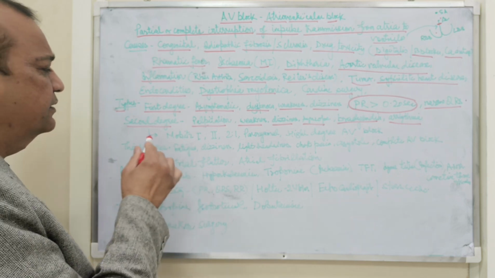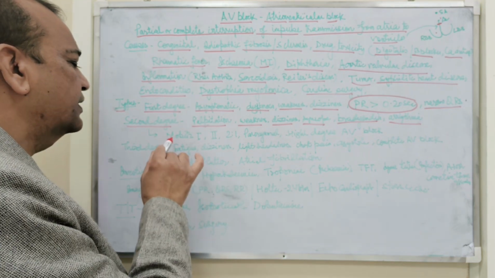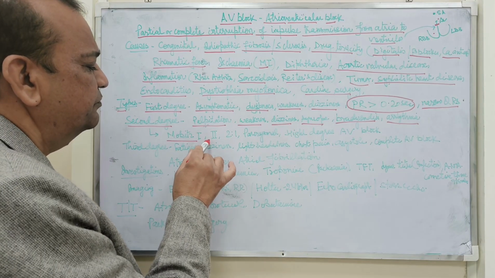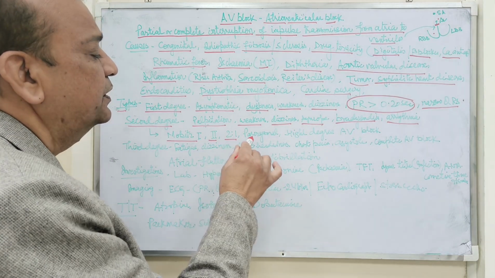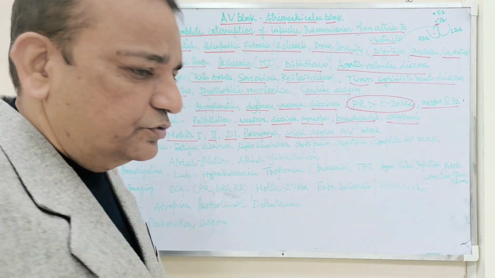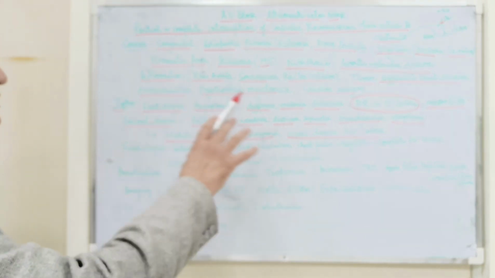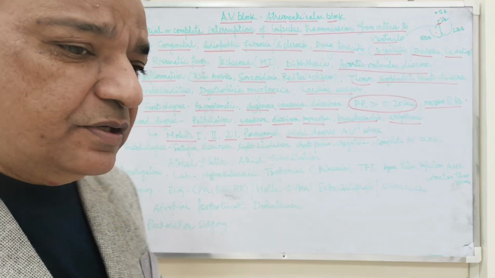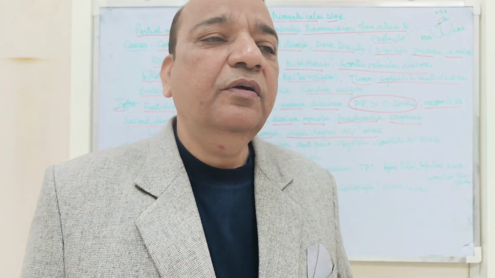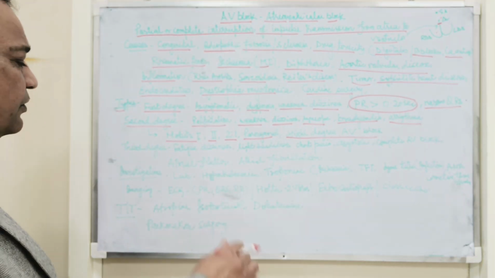The second degree AV block is further divided into subcategories like Mobitz 1, Mobitz 2, 2 to 1, paroxysmal, and higher degree AV block. I am not going to discuss the individual varieties here, but you should know these are the types, and based upon the ECG findings, we can conclude the different types of second degree AV block.